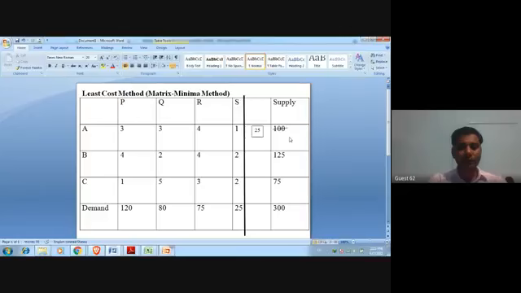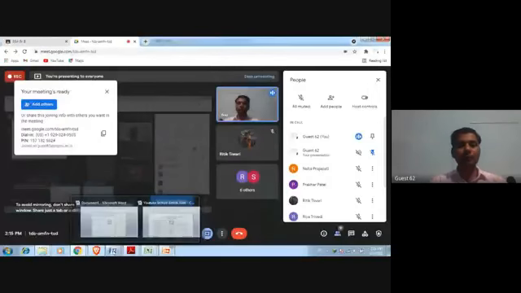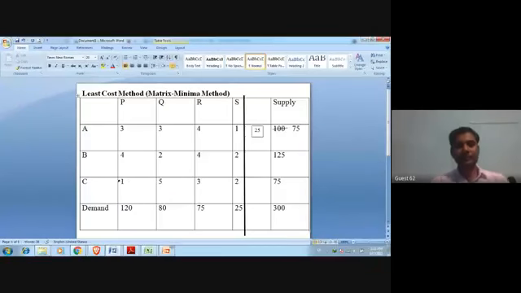So we will write down 75 here. 75 units are still left with factory A. Now in the remaining cells, again we will check the minimum unit cost. Now only this single one has minimum unit cost. So how many units can we allocate in this cell?